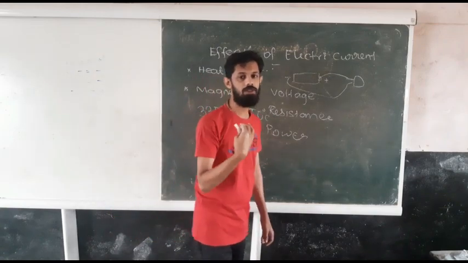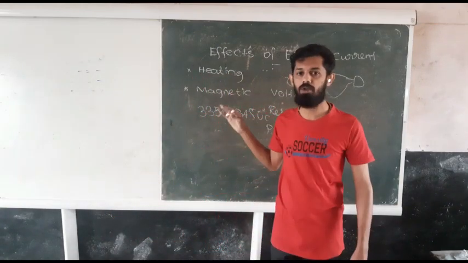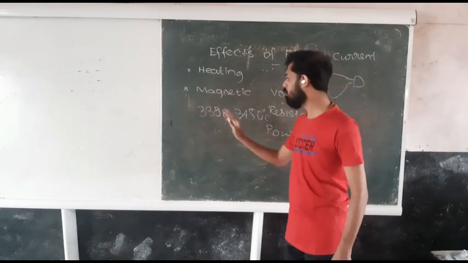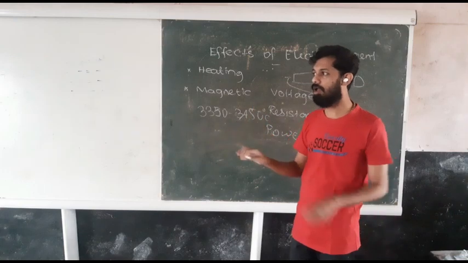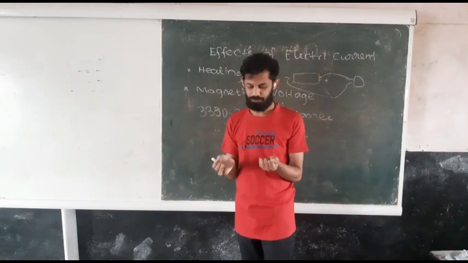In this range is the melting point of tungsten filament. When it reaches this temperature, it gets heated and it will melt.